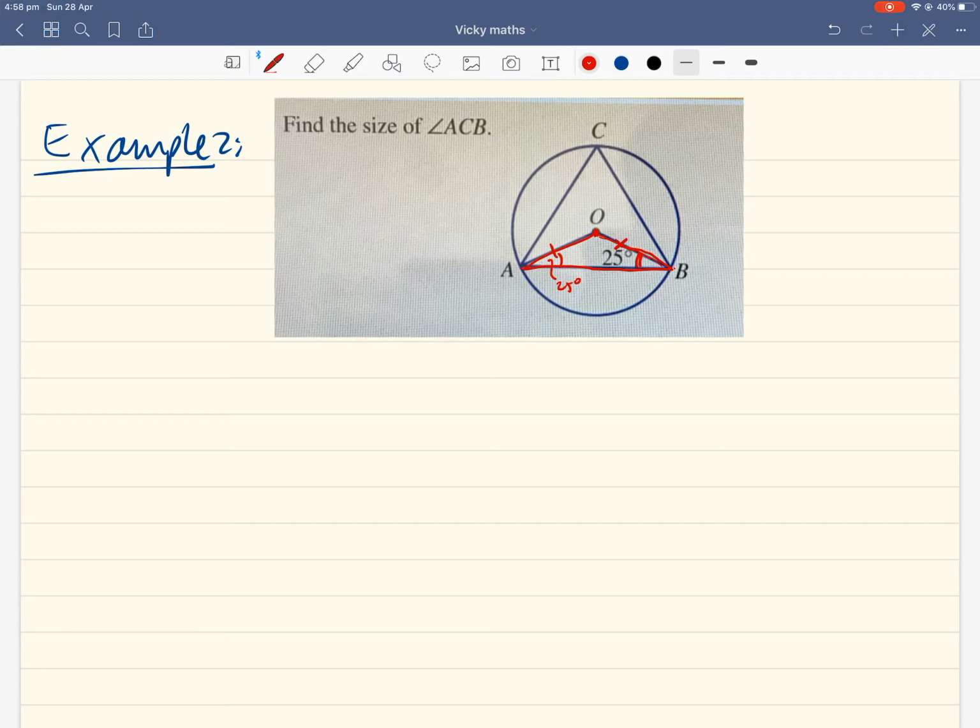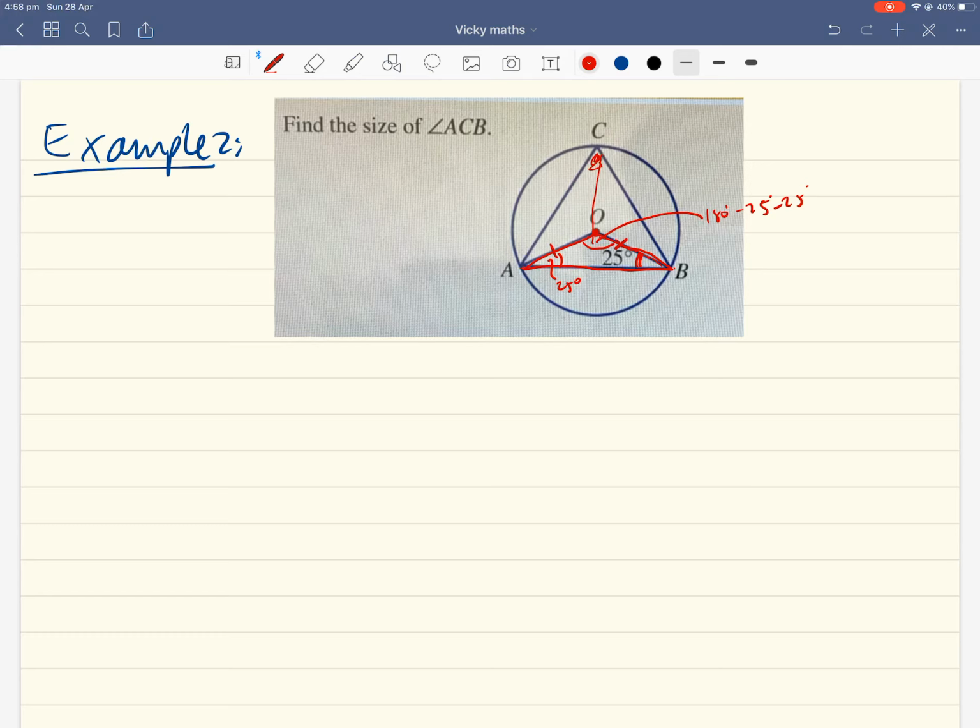Well, we've got two other angles in the triangle, so we can then work out what this base part of the compass angle is. So that's 180, take away 25, take away 25. And then we can work out what this pointy tip part of the compass is, because it's going to be half that because of circle theorem number 1.